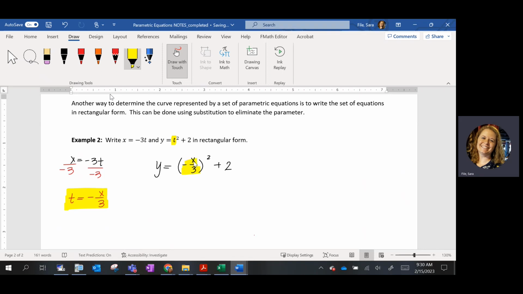We just did this substitution here. All right, now we're going to simplify. When I square a negative, it's going to come out positive. When I square a fraction, I'm going to square the numerator and the denominator. So that's going to be x²/9. And then I've still got +2.